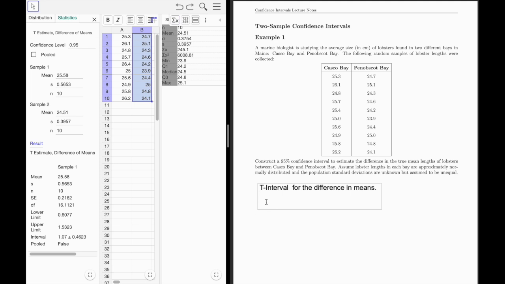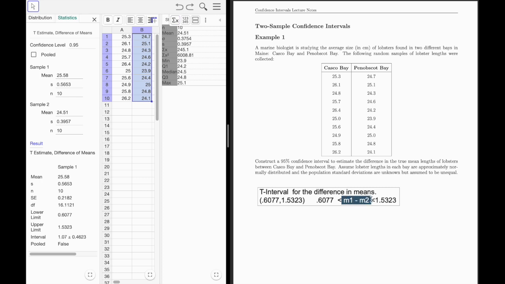All right, so let's write down our answer. Our confidence interval is 0.6077 to 1.5323. That tells me that our mu1 minus our mu2 is between 0.6077 and 1.5323.